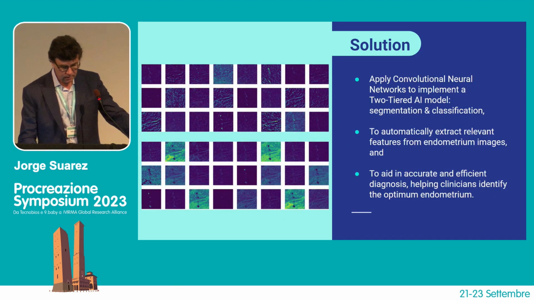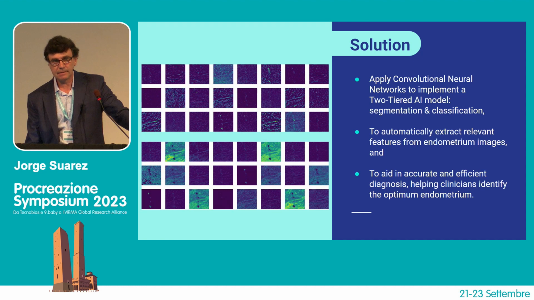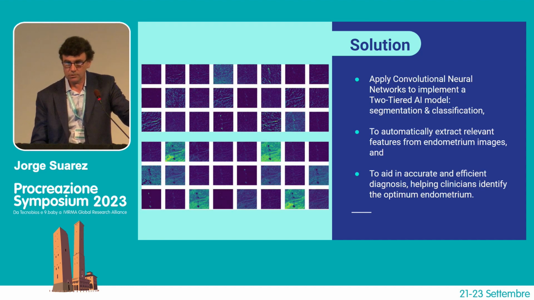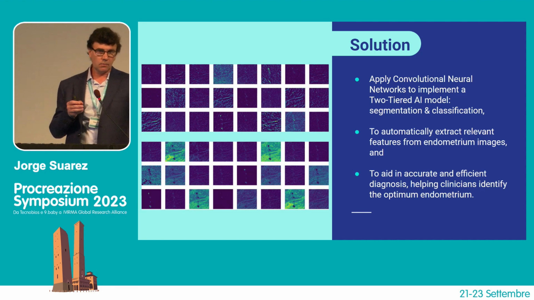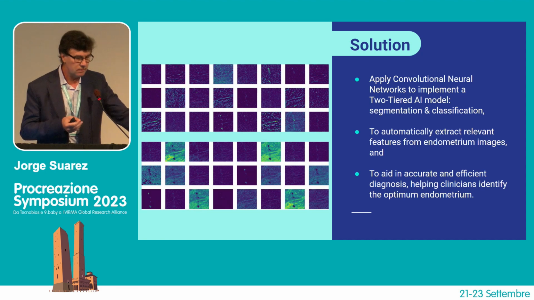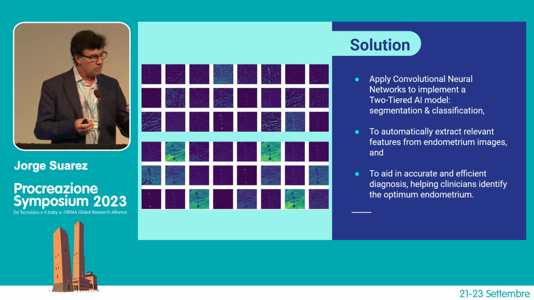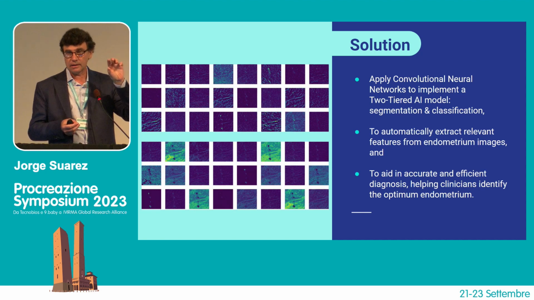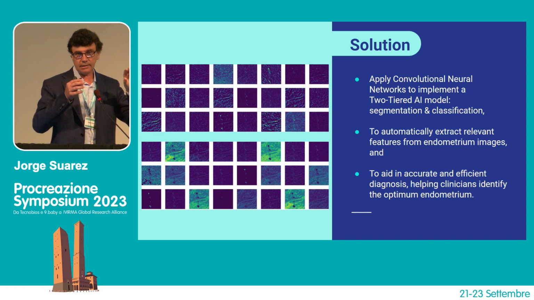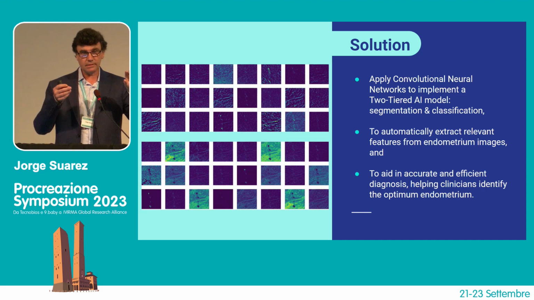The solution we are presenting today is based on a convolutional neural network to implement a 2-tier model. Why 2-tier? Because we need to segment, to focus on the endometrial trilaminar configuration, and then classify this endometrium with artificial intelligence.